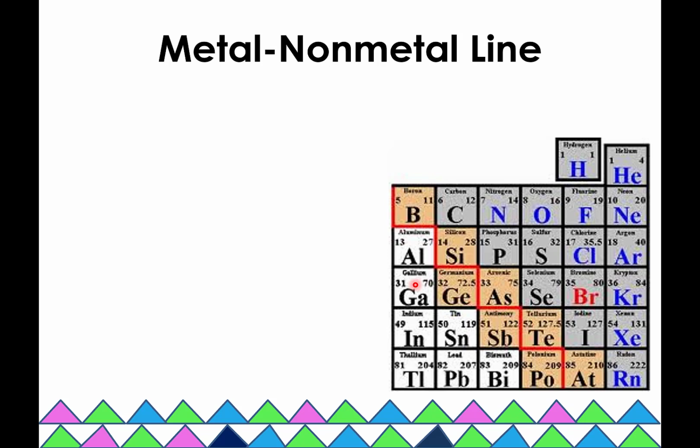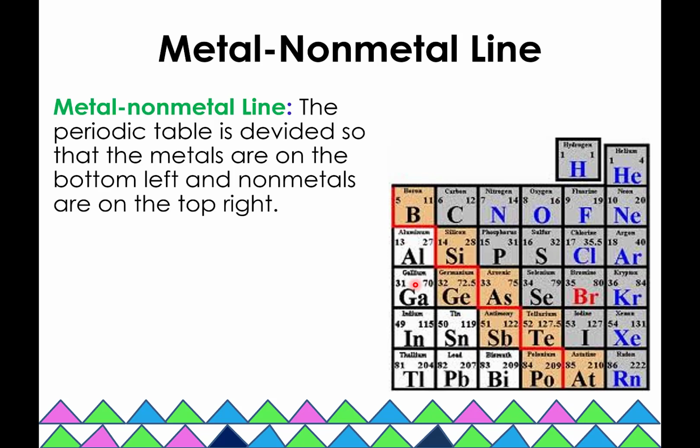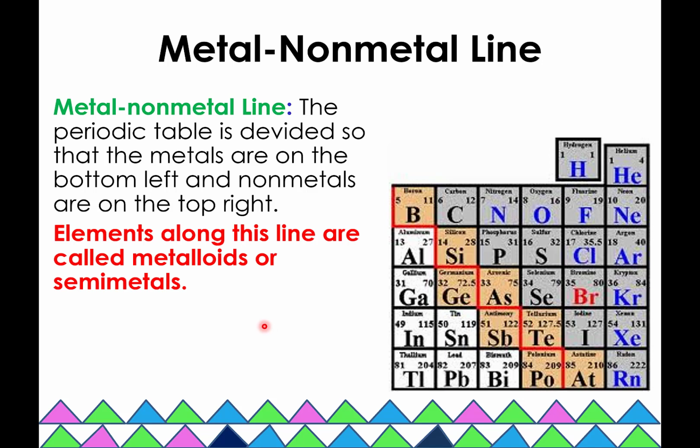Before we can talk about band theory, I just want to give a brief reminder of the metal-nonmetal line. So this is the upper right-hand corner of the periodic table, and we have this metal-nonmetal line that's cutting the p block, and elements that are to the top right of this line are nonmetals, and elements on the bottom left are metals.